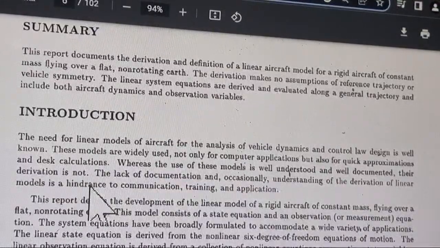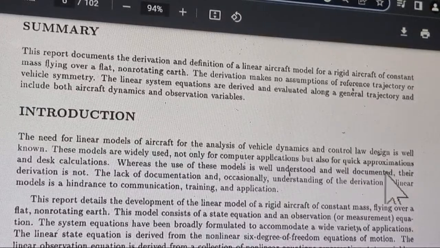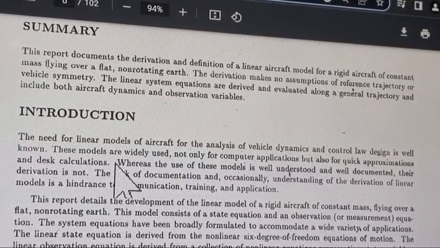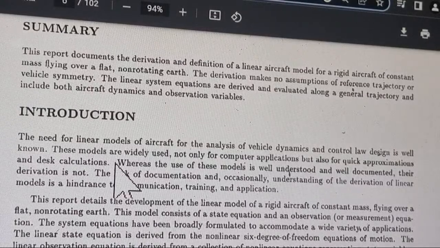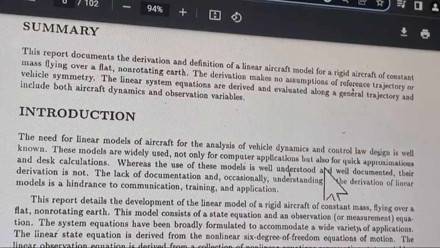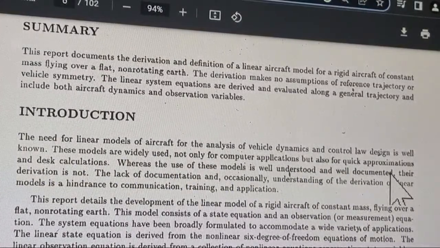Whereas the use of these models is well understood and well documented. In other words, whoever is reading this flight manual, these ways to negotiate flight are well understood and well documented. This isn't something that they just came up with willy-nilly.